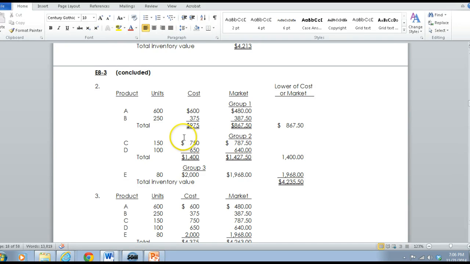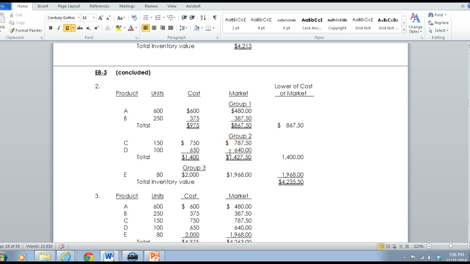In this scenario with group 2, C and D, we're going to combine the costs at $1,400, but look at our market. We're taking the market on both items. It's at $1,427.50.